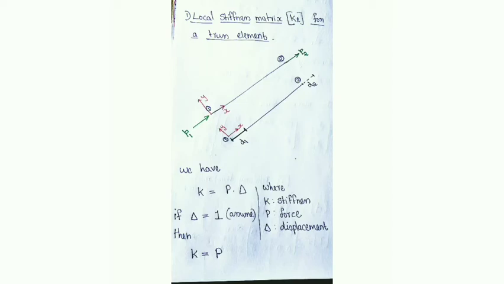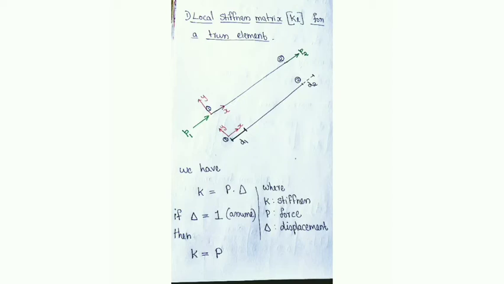Okay, now let P1 be the force acting at node 1 and P2 be the force acting at node 2. For our convenience, let us take small letters to represent the terms in local coordinates and capital letters for terms in global coordinates.